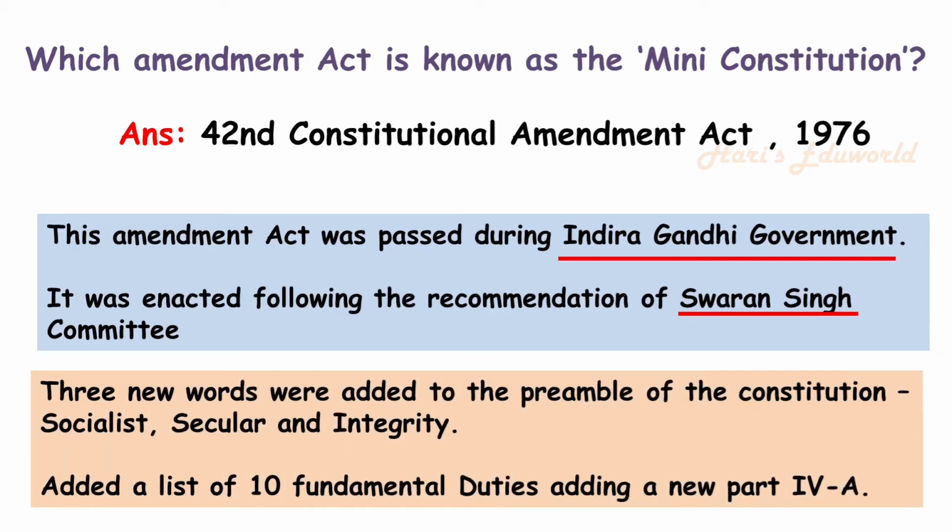Through this amendment, 3 new words were added to the preamble of the Constitution, and those 3 words are socialist, secular, and integrity. And also this amendment added a list of 10 fundamental duties to the Constitution.